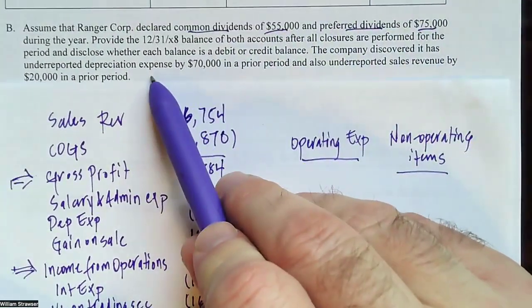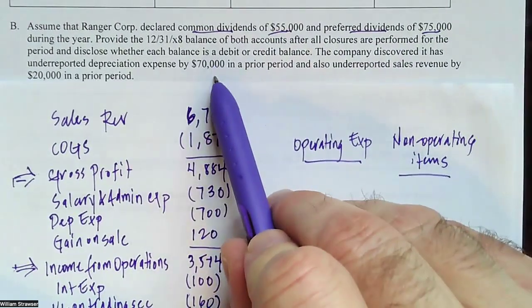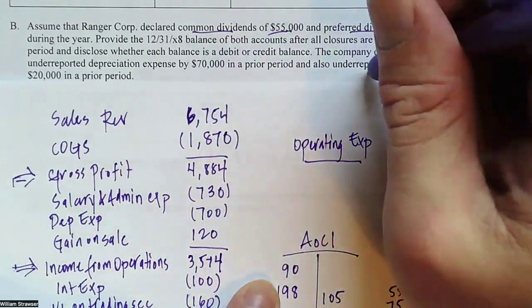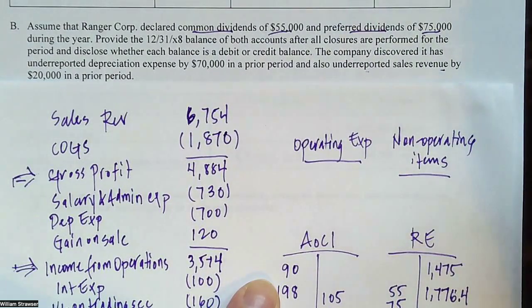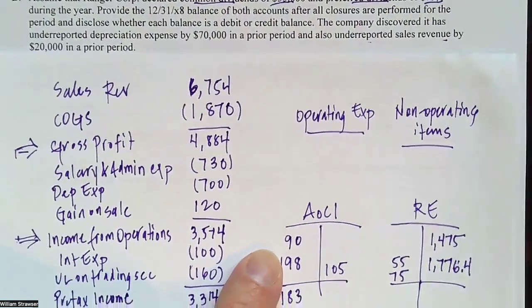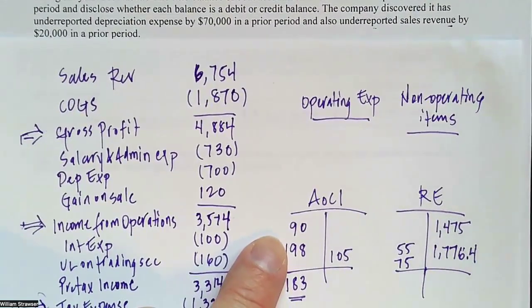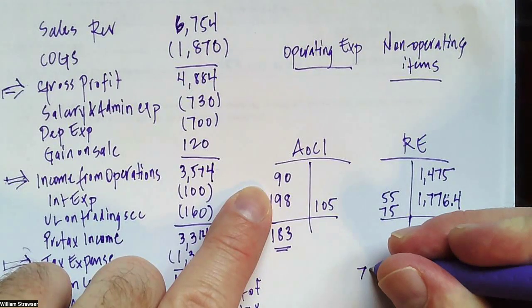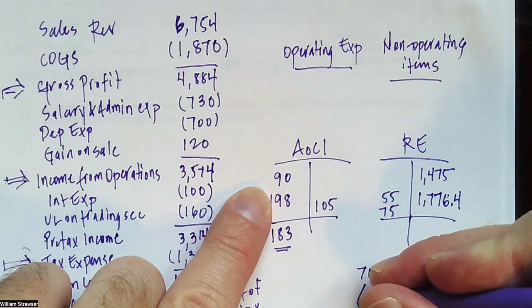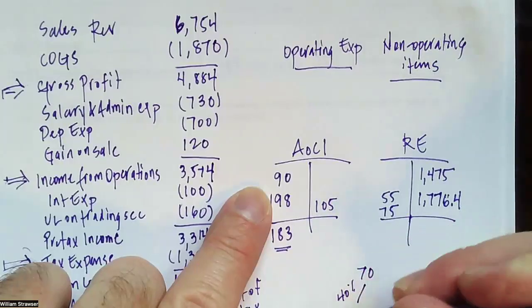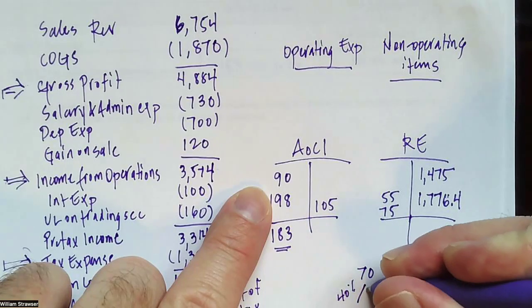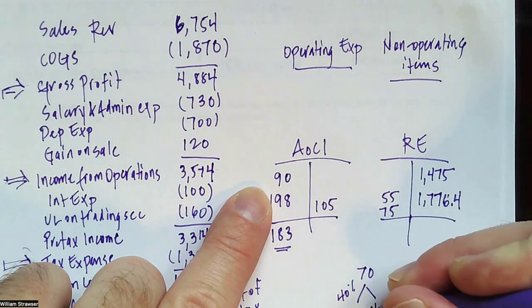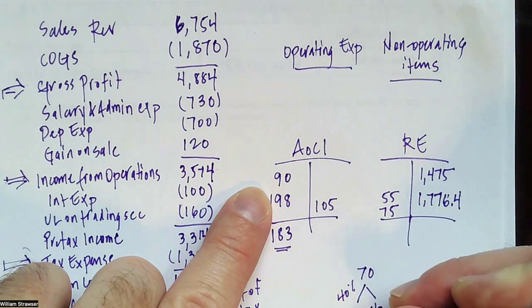Now we underreported depreciation expense by 70 and underreported sales revenue by 20. Sales revenue and depreciation expense are both pre-tax accounts, so those are pre-tax numbers. We have to make sure we strip the tax out of both of them. So the 70,000, 40% on that, the tax effect is 28, which leaves 42 as my net of tax amount.